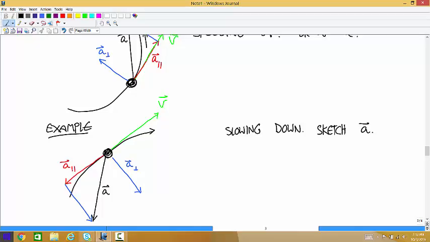You know what I mean? So if something is not turning, it's only speeding up or slowing down, the acceleration has to be parallel to the velocity. And if it's only turning and not speeding up or slowing down, what can you say about the acceleration? It has to be perpendicular to the velocity. Yep. And that kind of stuff is going to be important when we start talking about circular motion.